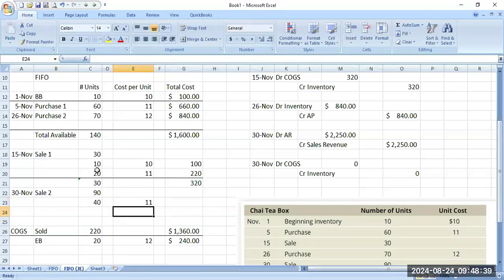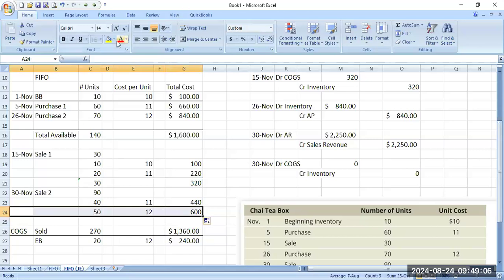And those 20 and 40 give me 60 from purchase number 1. The remaining 50 is going to come from the second purchase at $12. Once I calculate those two amounts, that's going to give me my cost of goods sold for the 90 units that I sold on November 30th.